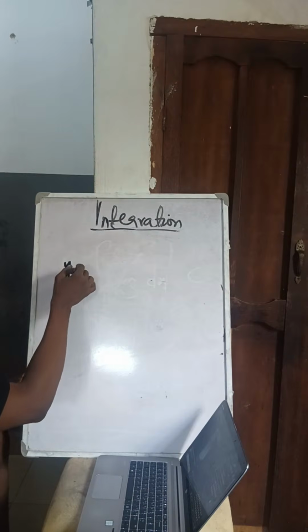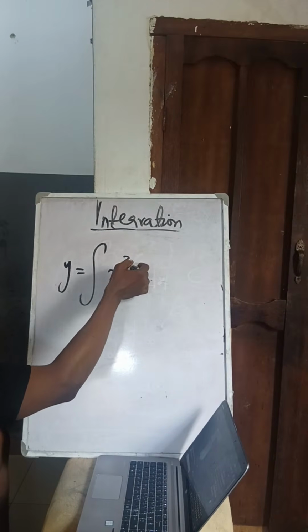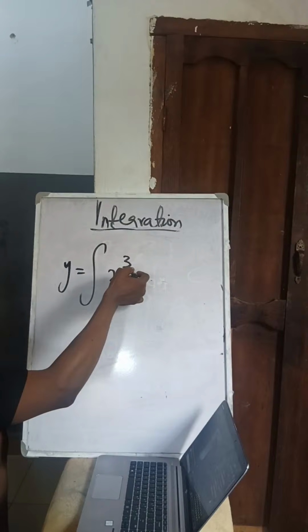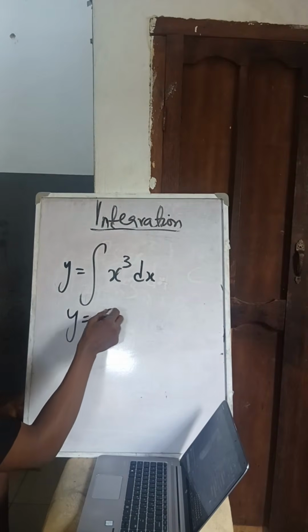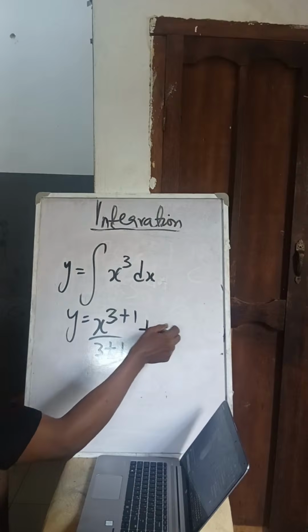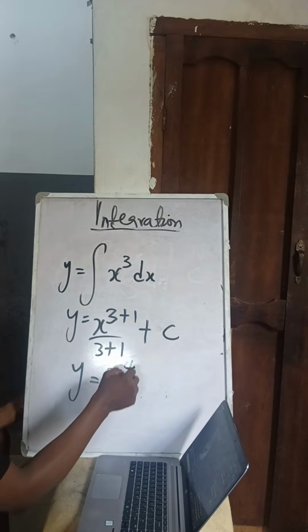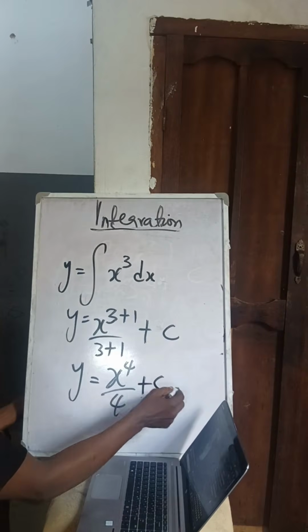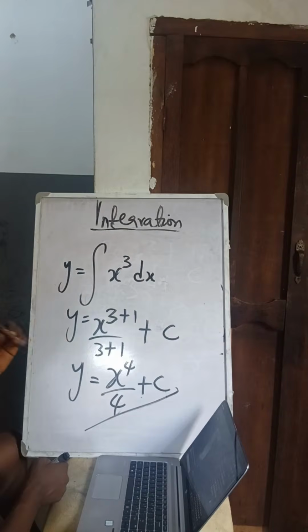So we don't have something like this unless you say x raised to power 3. If you have x raised to power 3, it is a power function, the answer is x^(3+1) over 3+1 plus c.